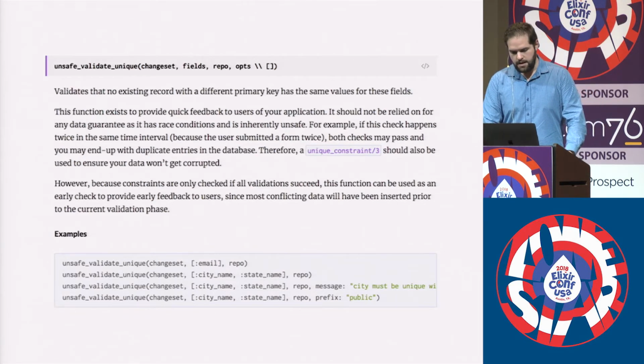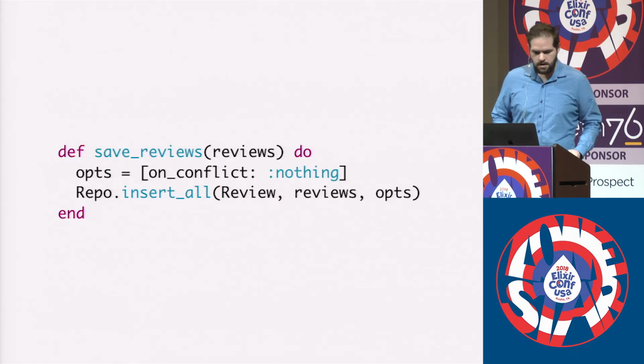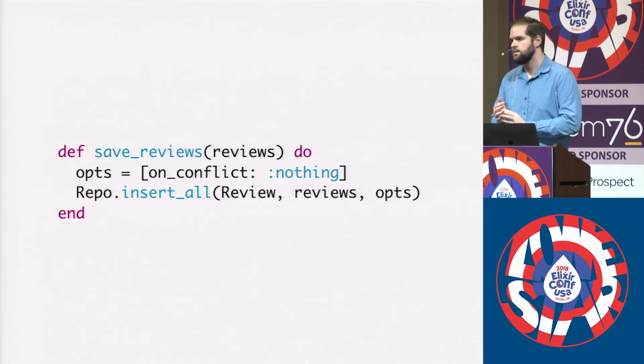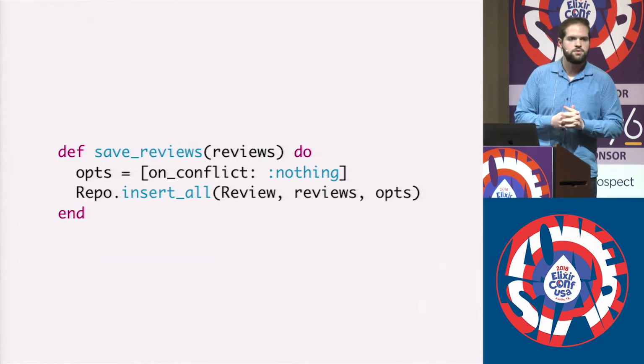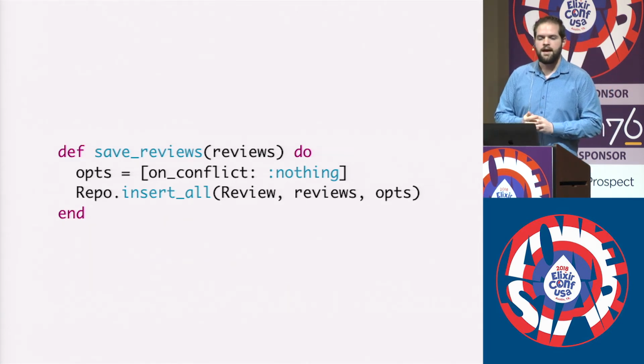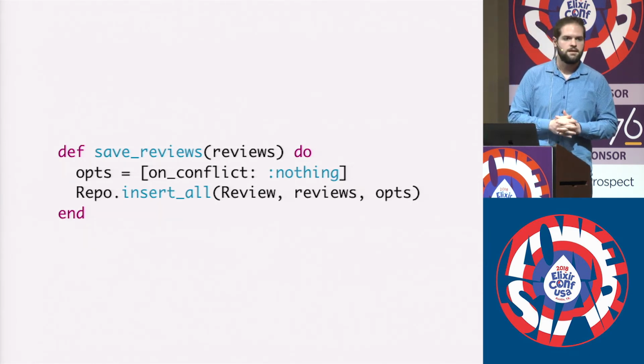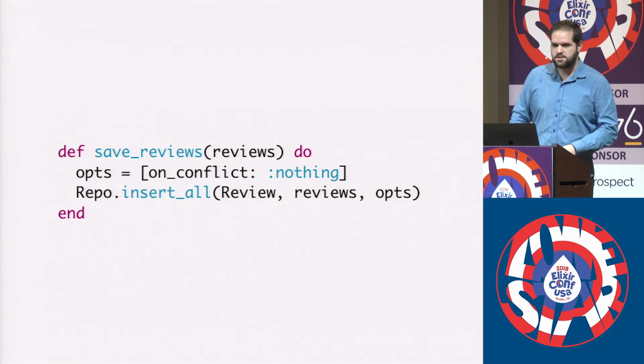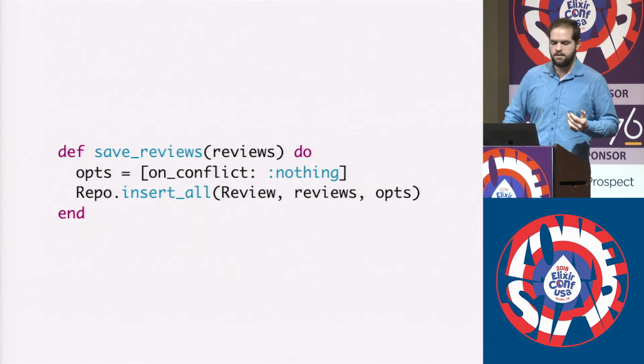So in Postgres 9.5, we added what's called the insert on conflict clause, and that allows you to attempt an insert, and if there is any conflict with unique constraints, you can do an update instead. And then that was supported in Ecto 2.1.